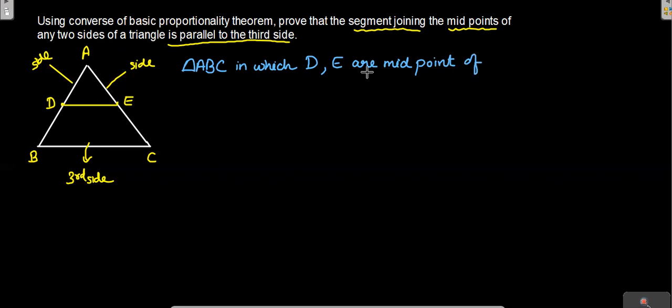D is a midpoint of line AB, correct? And E is a midpoint of line AC, respectively.